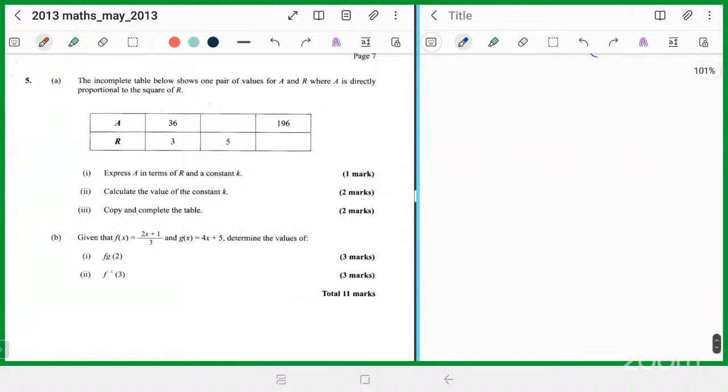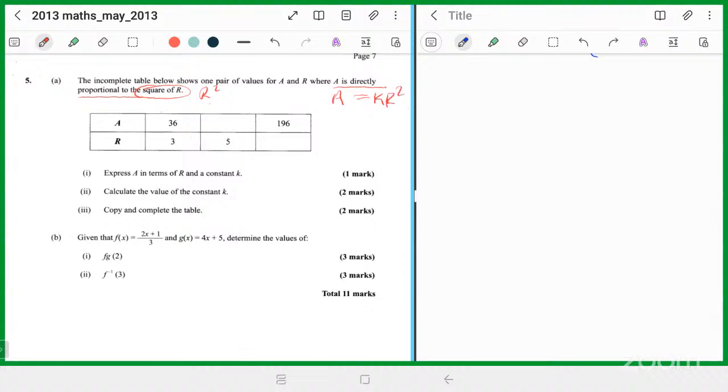Let's go. The question says the incomplete table shows one pair of values, A and R, where A is directly proportional to the square of R. Because it's direct, A equals k times R squared.